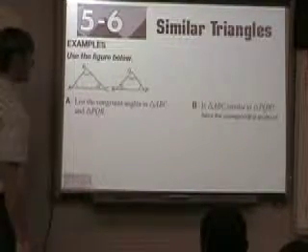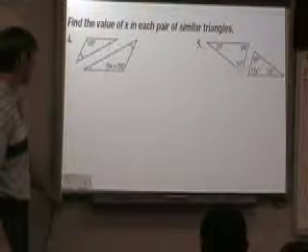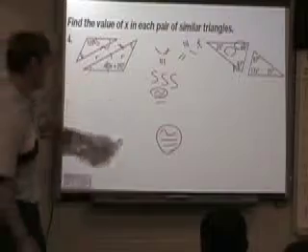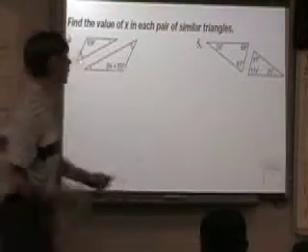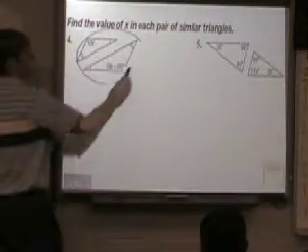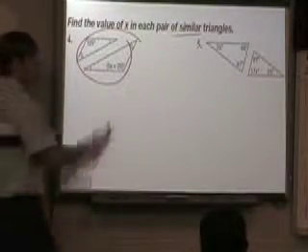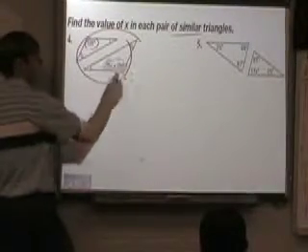So let's look at this. I'm going to go back. All right, it tells you up here that these two triangles are congruent, which means all the angles are congruent. That means this equals this, right?